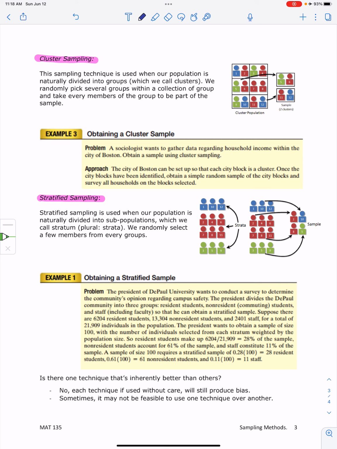So we've got, apologize for the examples not happening in order, I pulled them from a different text. Example 1 down here has a stratified sample using DePaul University and the community's opinion regarding campus safety. Again, I am not going to read that to you.